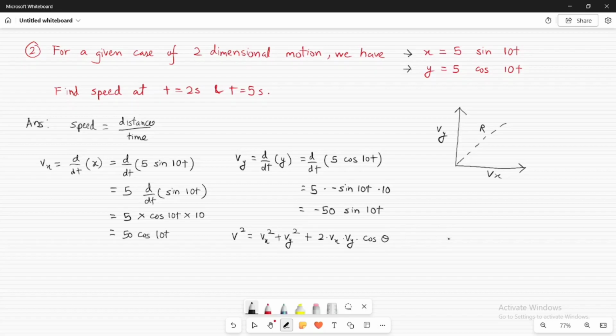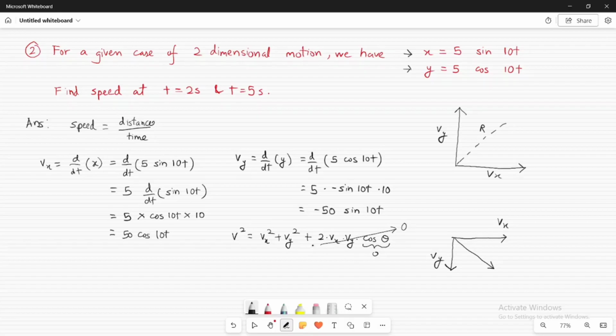Now in this case, the vectors can be represented somehow like this. This is Vx and this is Vy. That means the angle theta is 90 degrees. Cos 90 is 0. Any number multiplied by 0 becomes 0. So this term is nullified.